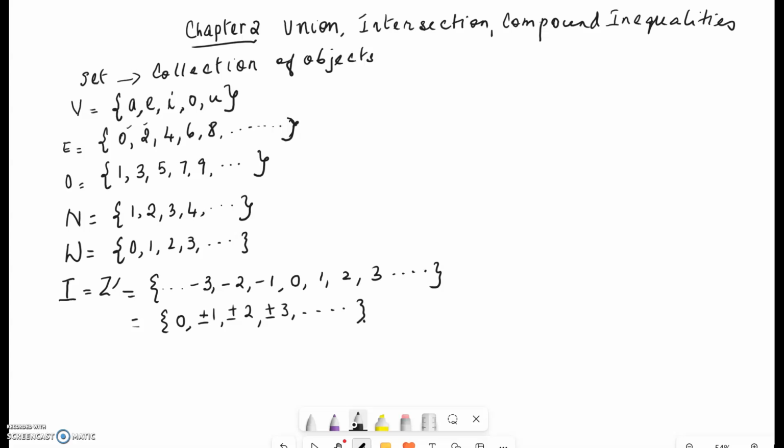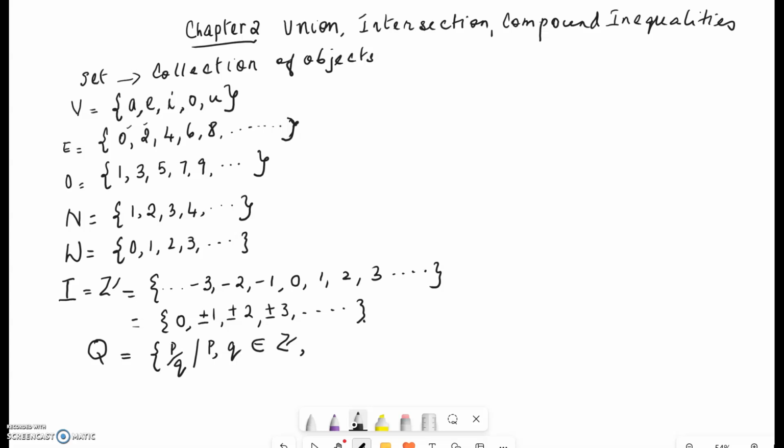And then the set of rational numbers, any number that can be written as a P over a Q, like a fraction, such that the letters P and Q belong to the set of integers.